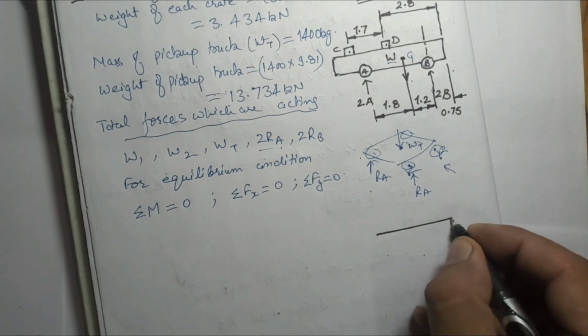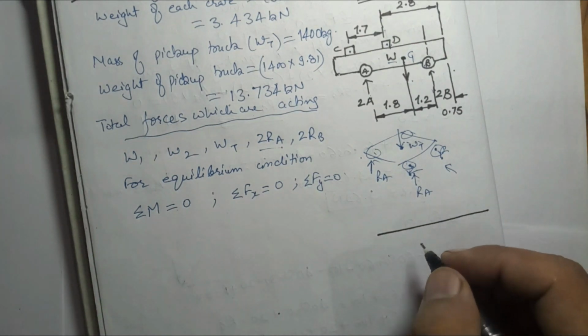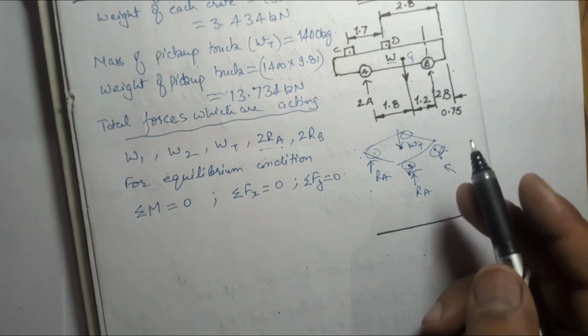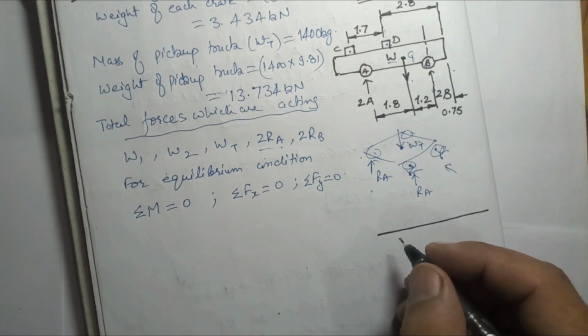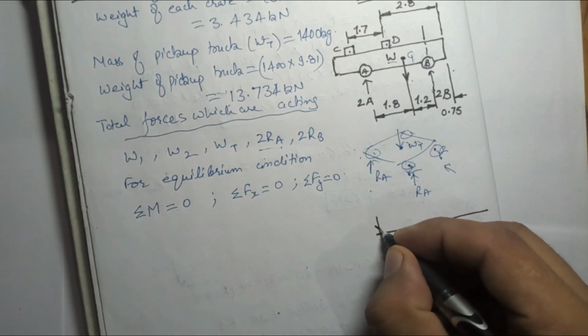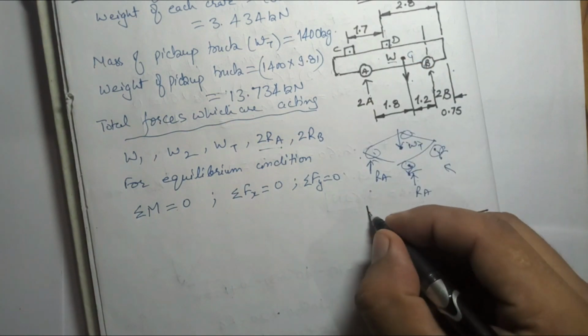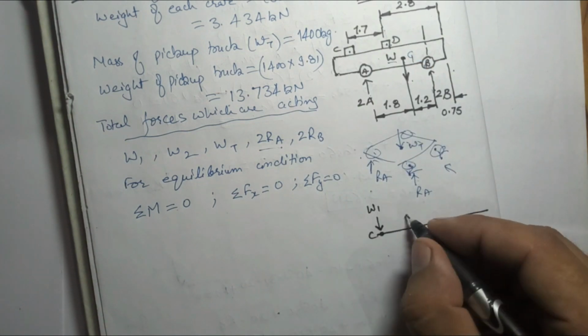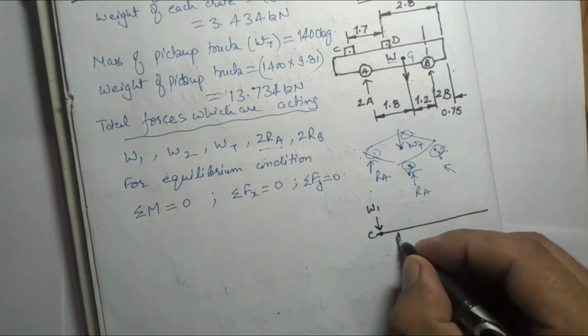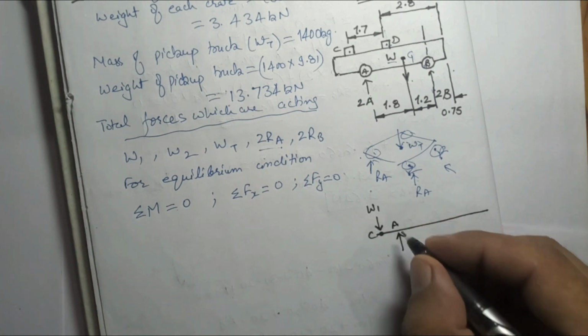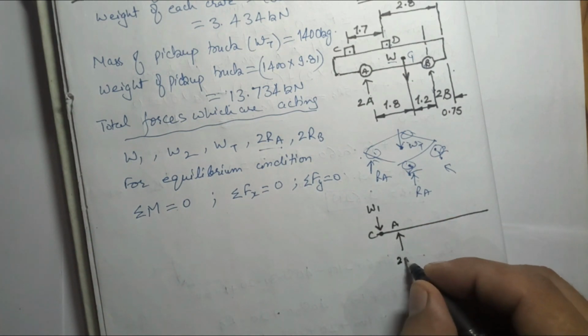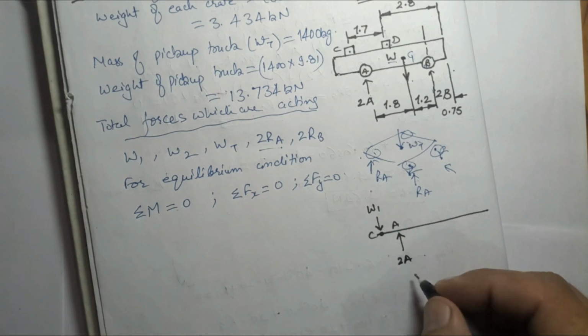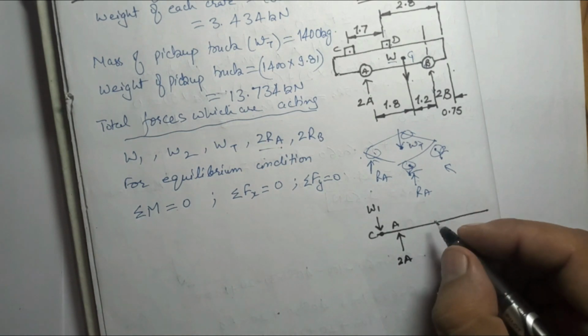Let's say this is the plane where all the forces are acting. Now first, this is the weight W1 at C point. There is a normal reaction at A point, we can say 2A, you can represent it in 2A form.